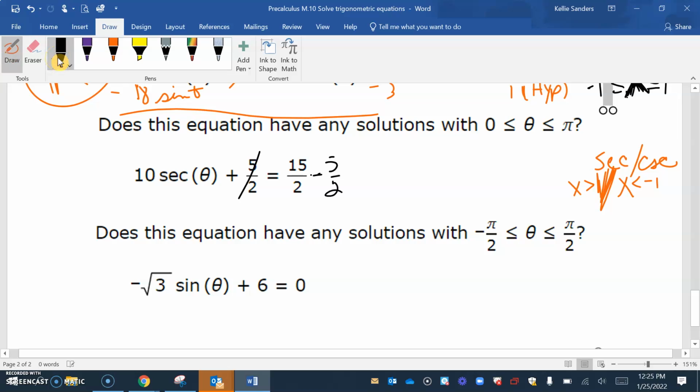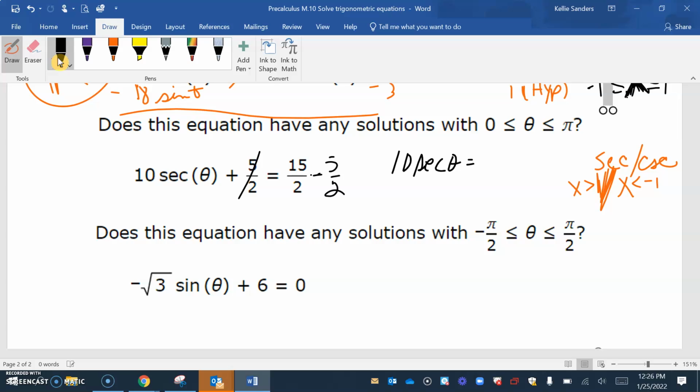Basically just the opposite with this. So 10 secant theta equals 15 minus 5 is 10. 10 over 2 is 5. We divide by 10 to get 1/2. Remember, secant is the reciprocal of cosine, and so this would be hypotenuse over adjacent.